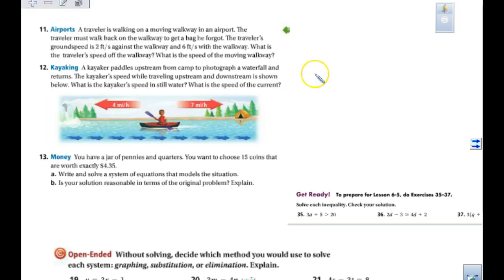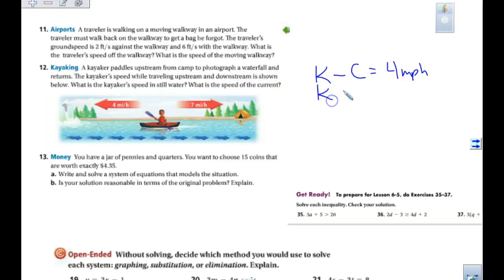So we're going to have our kayak going against the current, right? So kayak minus the current is equal to 4 miles per hour. And it says the kayakers traveling upstream and downstream below. What is it in still water? What is the speed of the current?